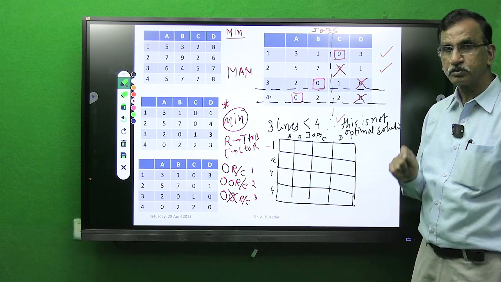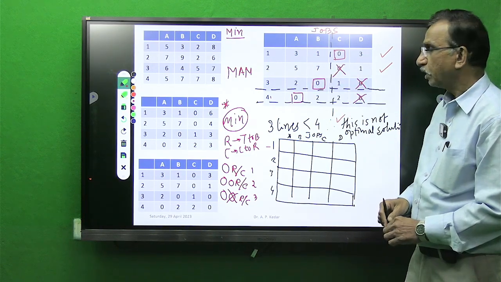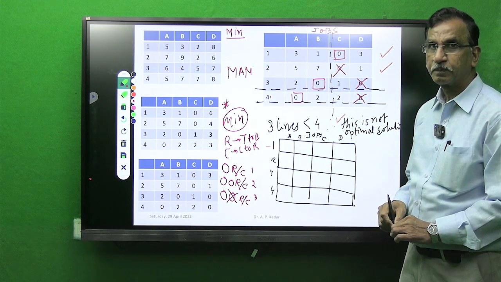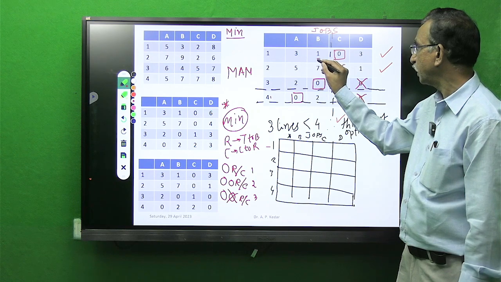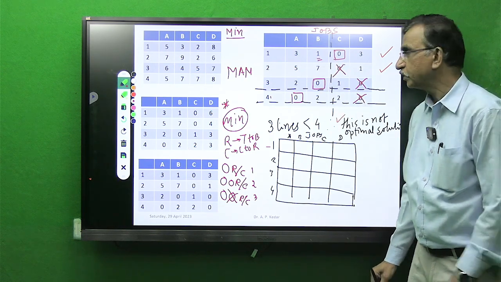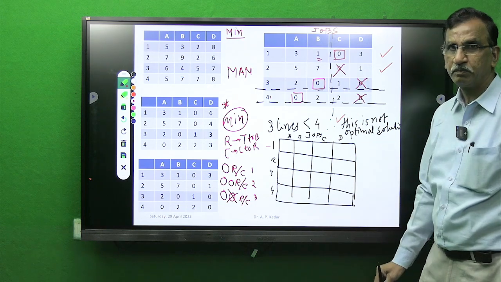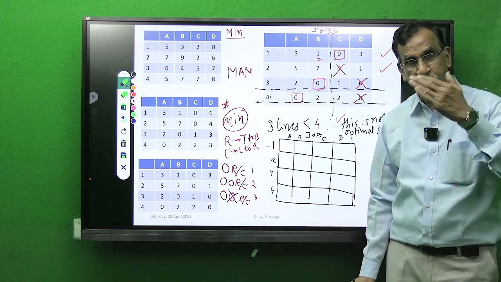Out of these 6 values, find the minimum value. Naturally this one is the minimum value. I am marking it with a double line. This one or this one is the minimum value through which the line does not pass in the previous solution.